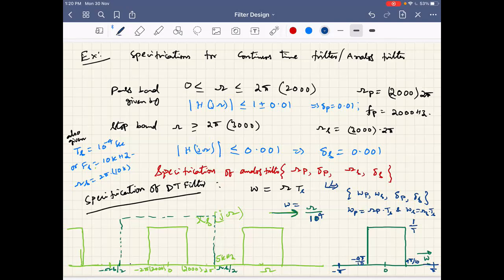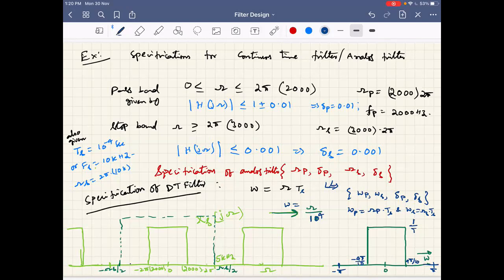That's the only important factor, and the remaining all directly follows. So this is the digital filter we wish to design. This is the ideal desired filter, and based on the practical specifications, we have delta_P and delta_S for the design.